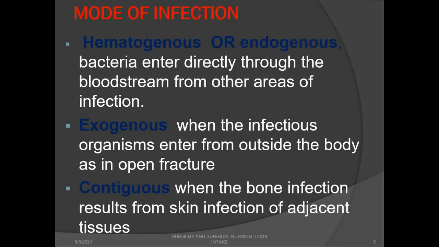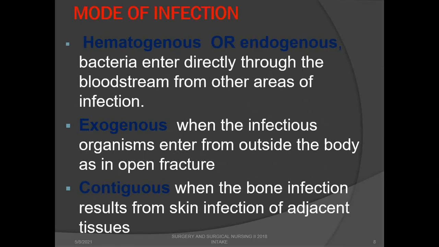Mode of infection. Osteomyelitis only has three modes of infection: hematogenous or endogenous, exogenous, and contiguous. Hematogenous or endogenous is where the bacteria enter directly into the bloodstream from other areas of infection.